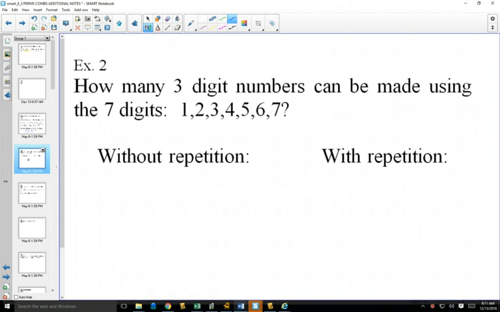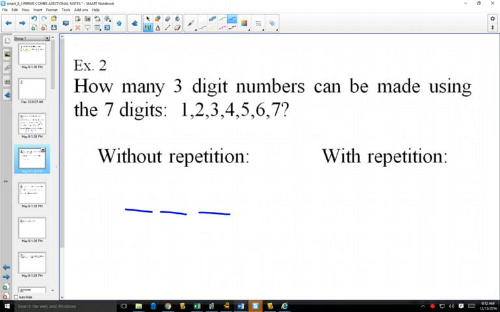Sometimes we're given numbers and we're allowed to repeat the numbers, use them as many times as we'd like, and sometimes it's a permutation where it says this is a list of objects and you can only use each one once. So if you were making a 3-digit number, you'd have 3 decisions to make.